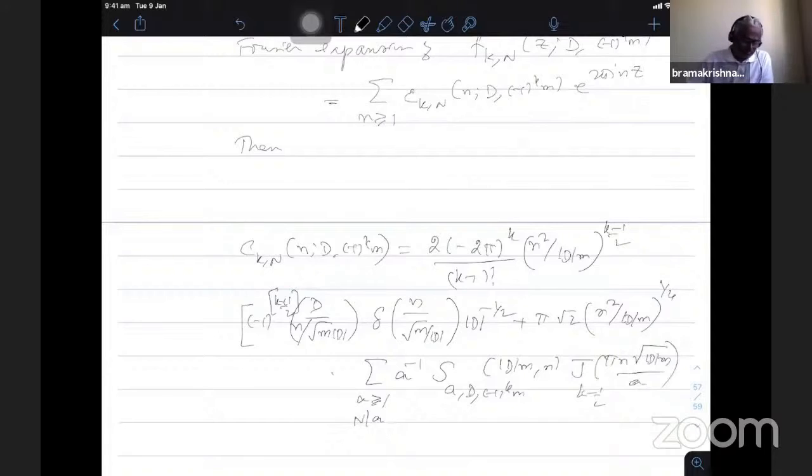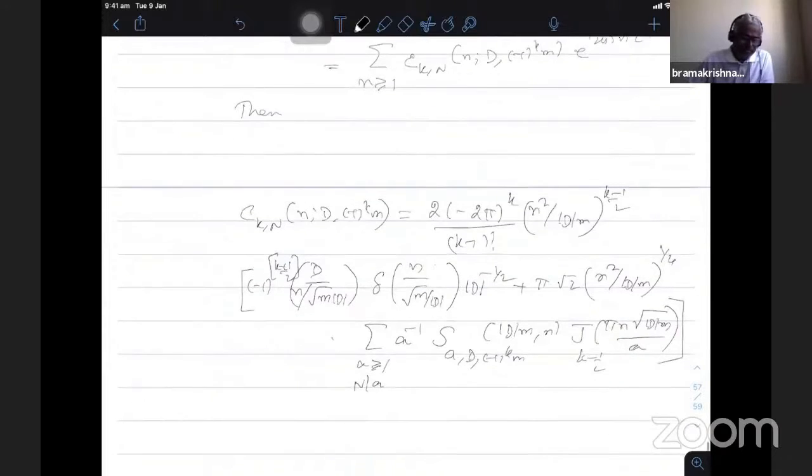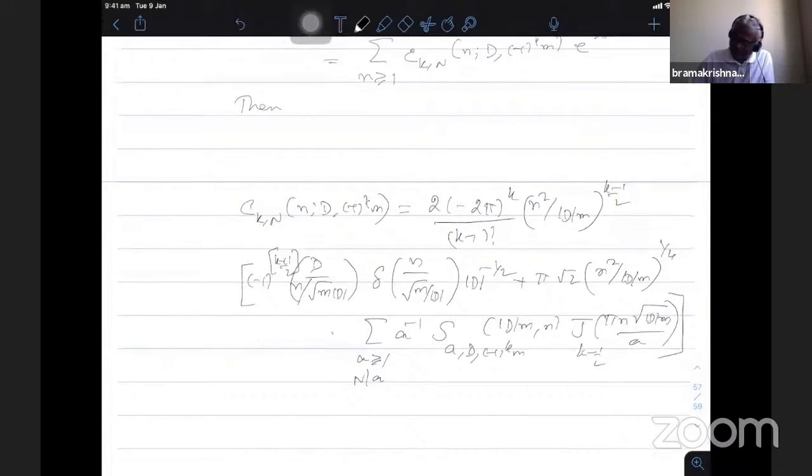So to get it, I think the main idea is to use the Lipschitz formula for periodic functions. Here delta is the Kronecker delta: it is 1 if x belongs to the integers, and 0 if x is not an integer.